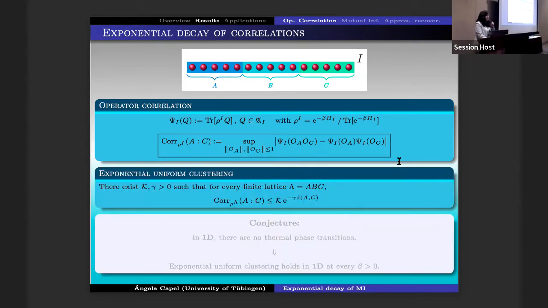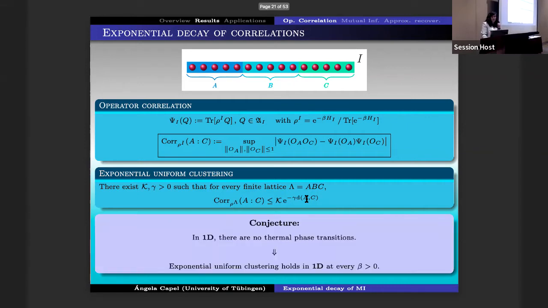And now I'm going to consider a notion that Brandau and Castoriano introduced in their paper of 2016, which they call exponential uniform clustering, and essentially means that for every finite lattice, in general for any dimension, Lambda split into A, B, C, the operator correlation function always decays exponentially with the distance between A and C. So we are going to denote it during the whole talk like this.